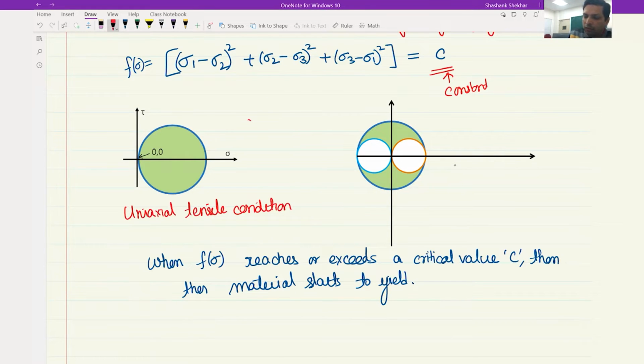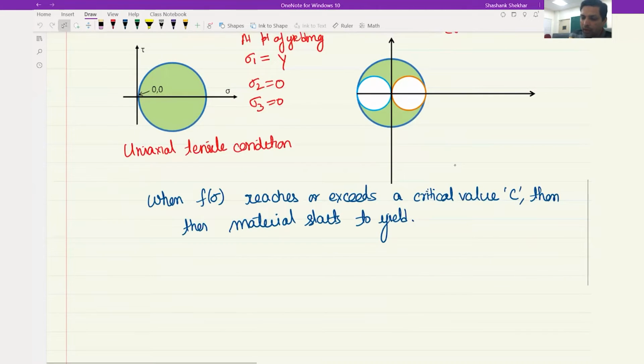We have sigma 1 at the point of yielding: sigma 1 is equal to Y, sigma 2 is equal to 0, sigma 3 is equal to 0. So if we insert these values, we will have the value of C in terms of Y. So let's see how it looks.